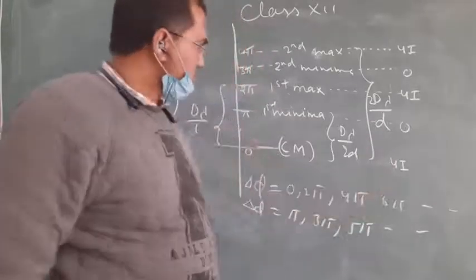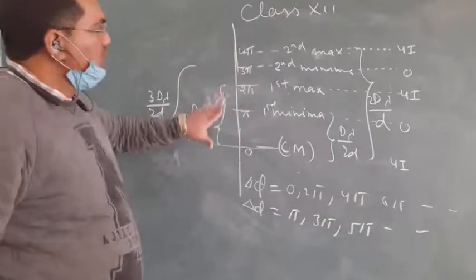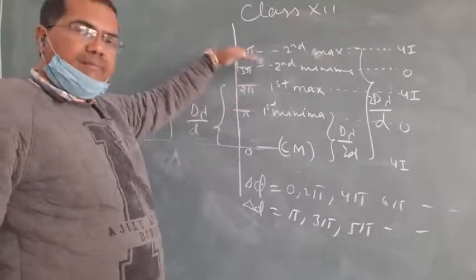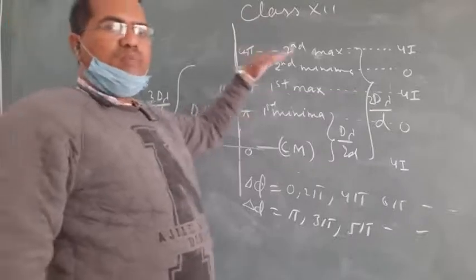First minimum pi, second minimum 3 pi, third minimum 5 pi, fourth minimum 7 pi, and like that.